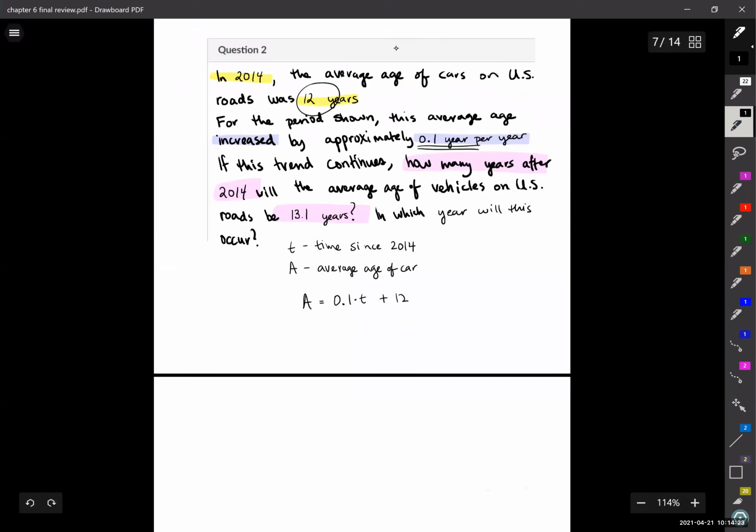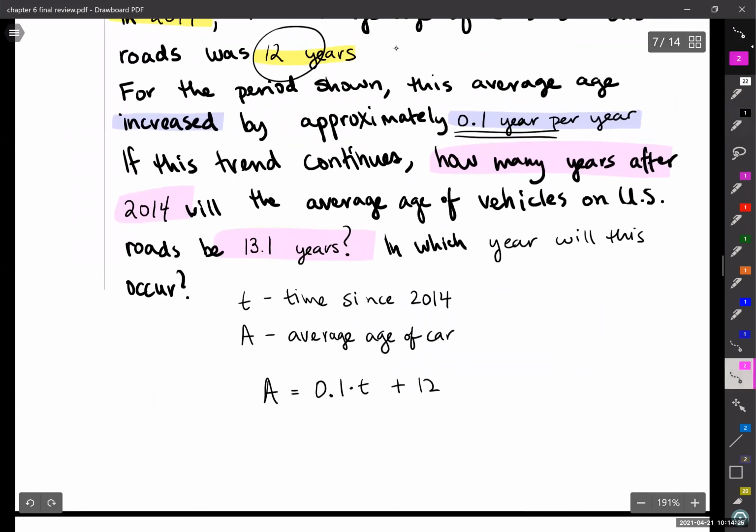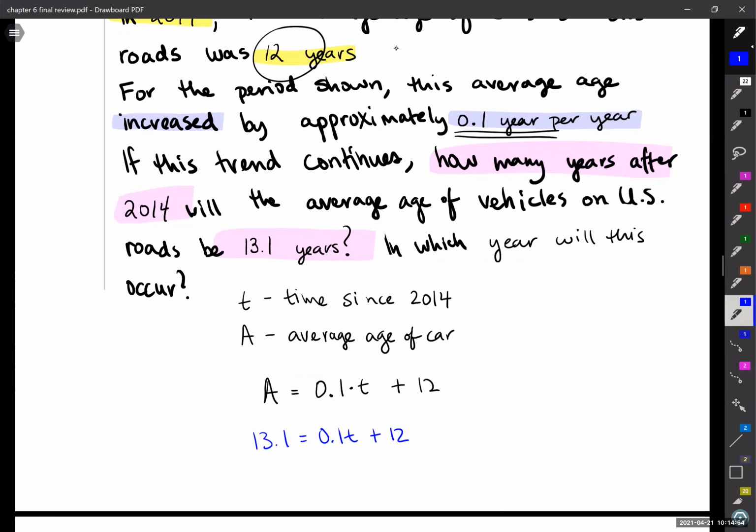And now I need to think, okay, they gave us one piece of information. Is this 13.1 an average age, or is it a year since 2014? Because that will determine whether we plug it in for A or T. Do y'all agree it's an age? So since they gave us an age, we plug that in for the age, and we get 13.1 equals 0.1T plus 12. And at this point, this becomes a problem like we just did a lot of them.